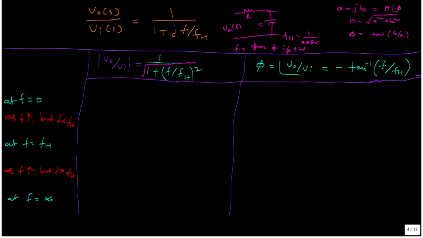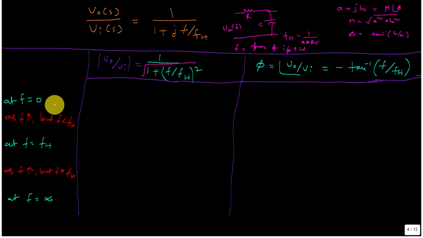Remember that. That f can be anything from 0 to infinity, because we don't know which input signal frequency you are going to apply. So this is generalized as f varying from 0 to infinity. What happens to magnitude? What happens to phase angle? That we are going to study.